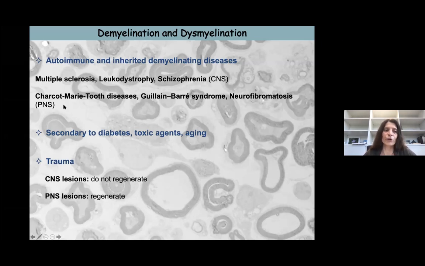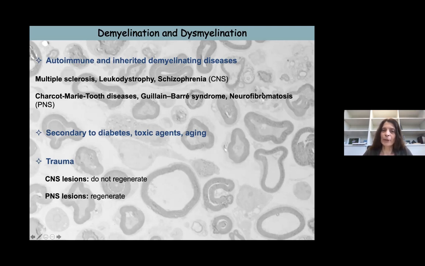And in the peripheral nervous system, there's a large group of peripheral neuropathies called Charcot-Marie-Tooth diseases that are inherited, and some subtypes are demyelinating. In the case of Guillain-Barré syndrome, there's demyelination that is induced by a viral infection, and in some cases, people can fully recover, but in other cases, some defect remains.